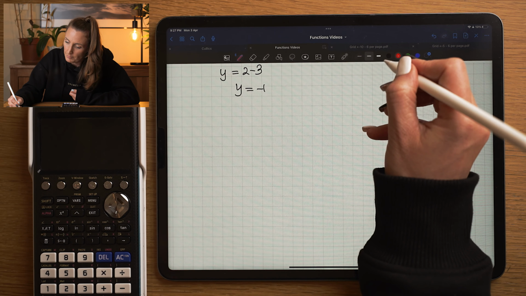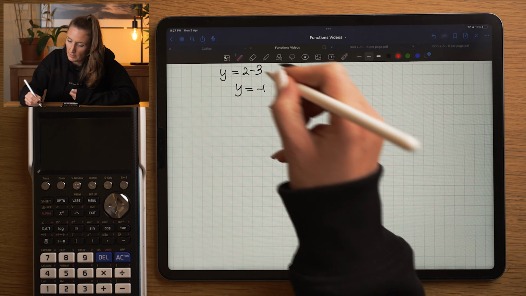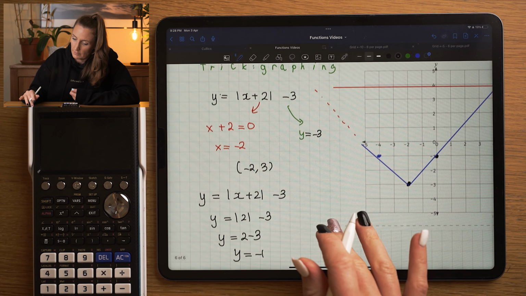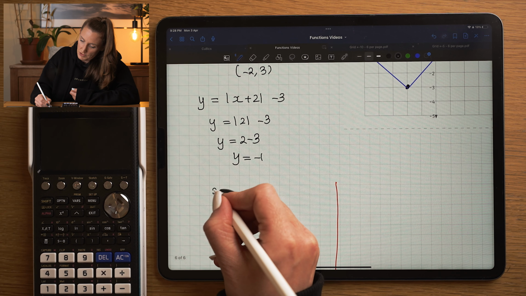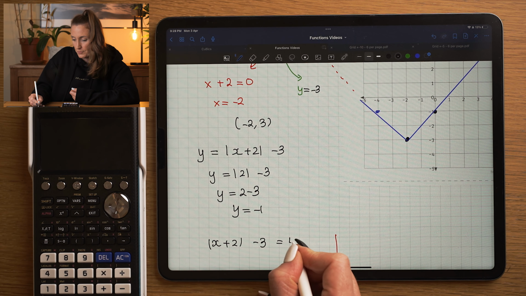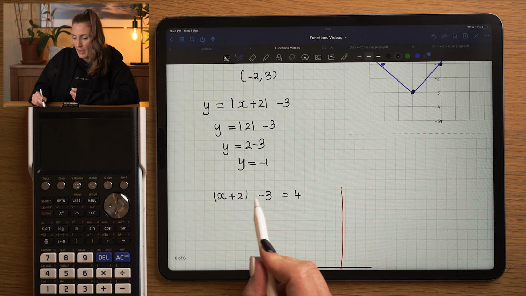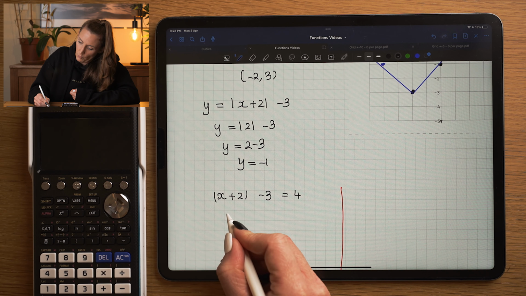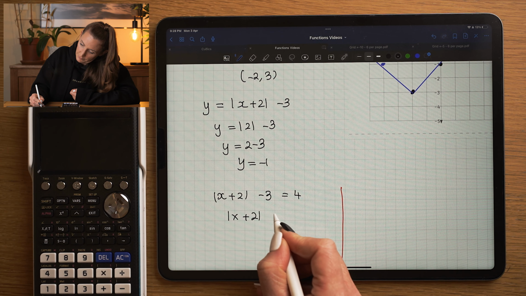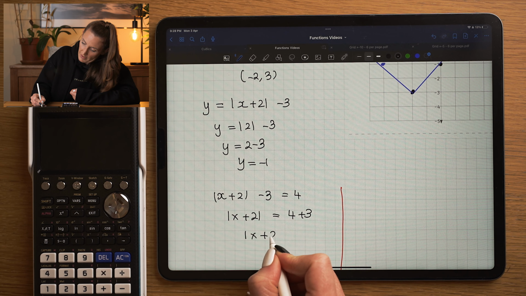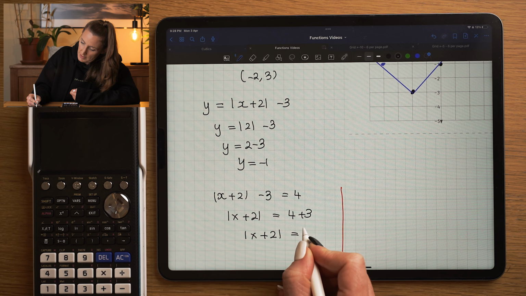What you do is you split your page in half like this, and on the first half, you take your function, which in this case is the absolute value of x plus 2, minus 3, equals 4. You put everything that's not inside the absolute value symbols on one side, so I'd have 4 add 3, and I've got the absolute value of x plus 2 equals 7.